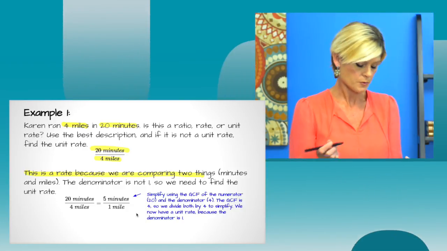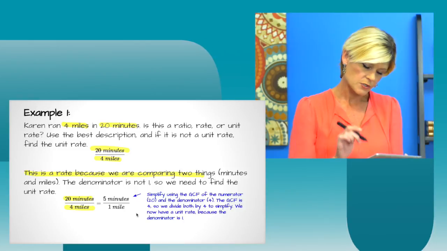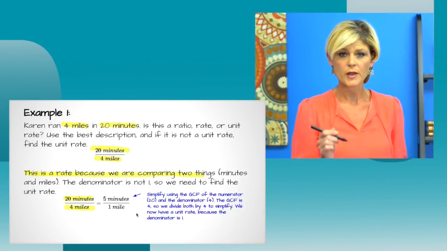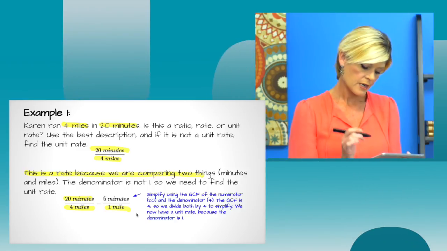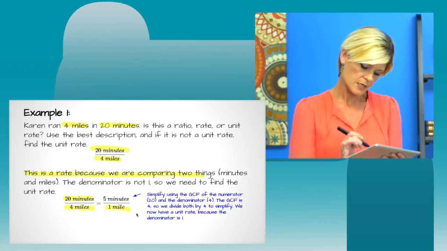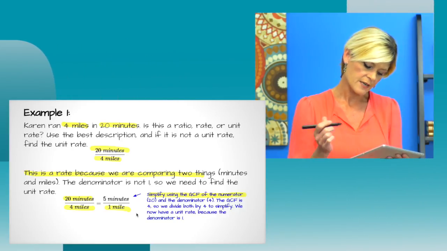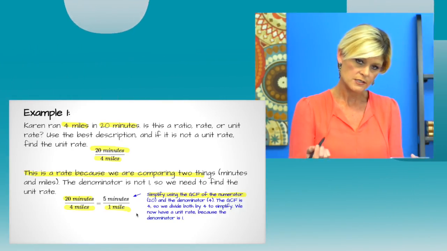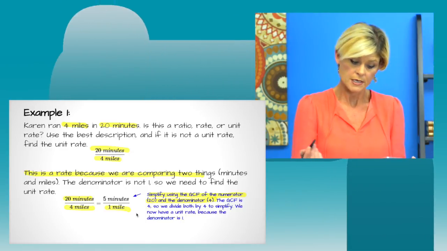So let's take a look at how we would do that. If we have 20 minutes over 4 miles, remember, when we're looking for the unit rate, we need to have a denominator of 1. Now, how do we get from 4 to 1? And I've written out the explanation here in blue. Basically, all I've done here is I have simplified using the GCF, or the greatest common factor, of the numerator 20 and the denominator 4.